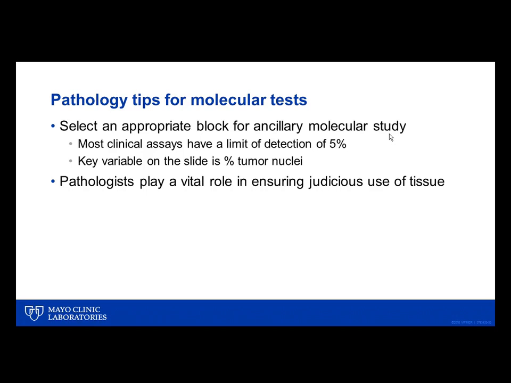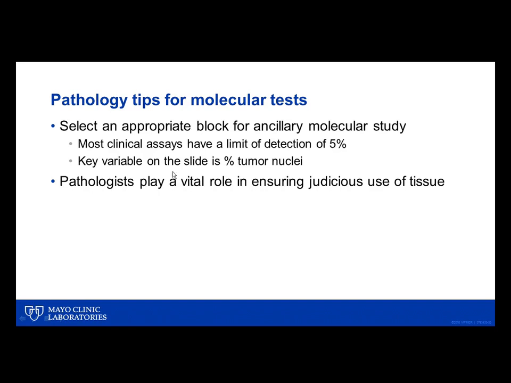You don't want to dilute the tumor DNA too much. And I think most clinical assays have a limit of detection of 5%. Not all. It depends on the analyte and what's being examined. But it's prudent to know what the limit of detection is in the assay.